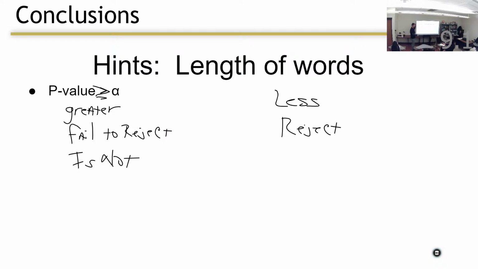And if you reject, there is enough evidence for Ha. The smaller words go together, the bigger words go together. If you can keep that in mind when you're writing these things down, that will help you a little bit. Good enough? If P is greater than alpha, you fail to reject Ho. There is not enough evidence for Ha. If P is less than alpha, you reject Ho, and if you reject Ho, there is enough evidence for Ha.